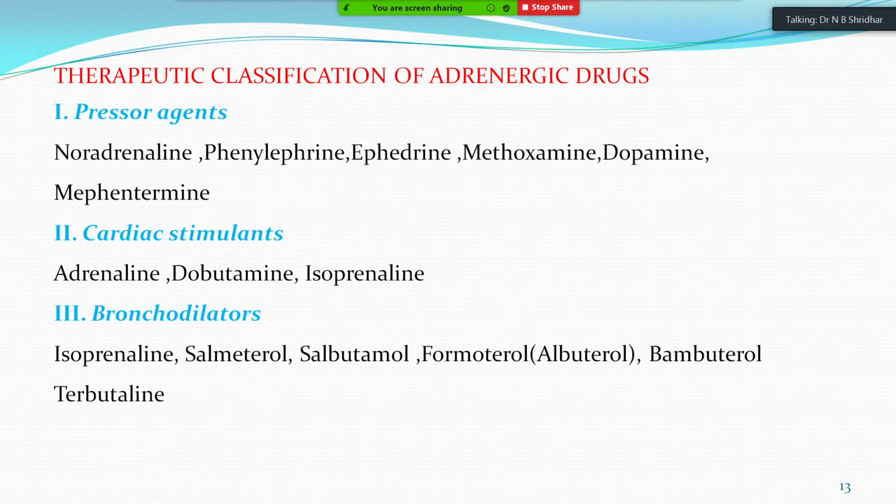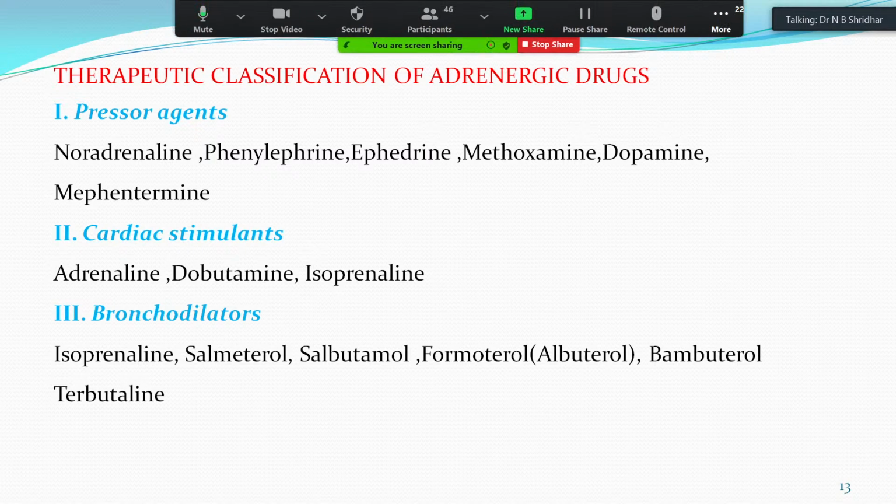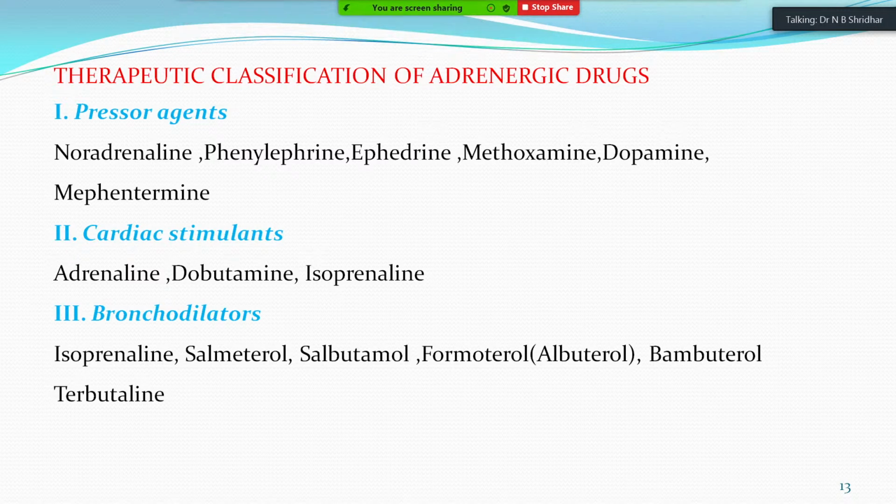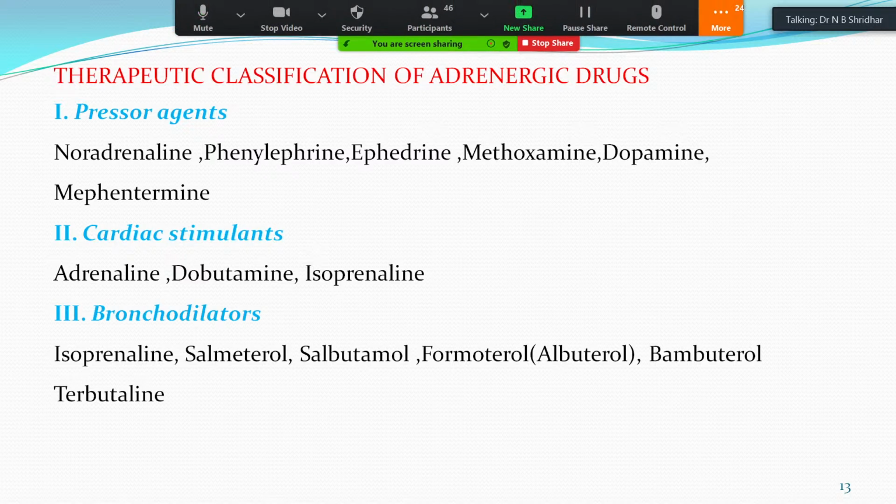Whereas the cardiac stimulants, very specifically whenever there is a problem of the heart and the animal is in shock, these drugs can be given: adrenaline, dopamine and isoprenaline. They are very specific to the heart, especially isoprenaline, which is very specific to beta 1 type of receptors.